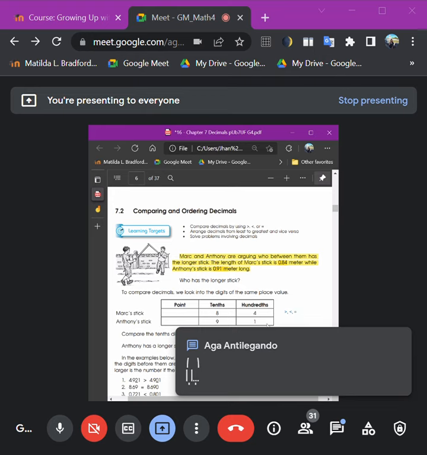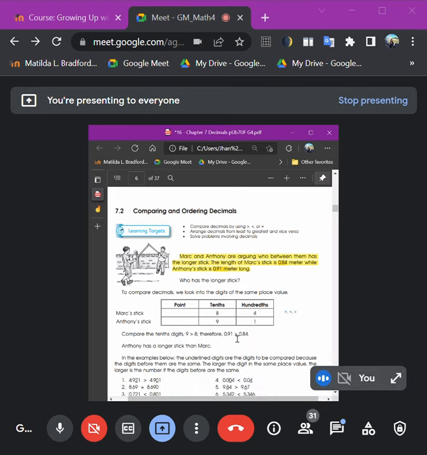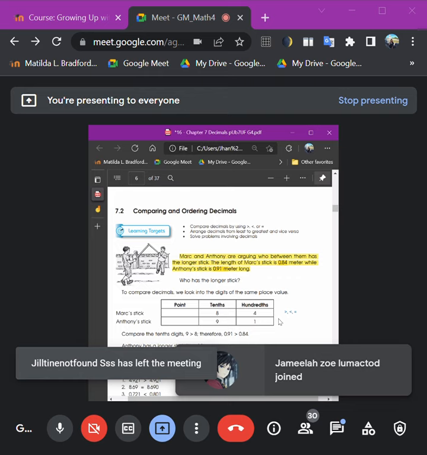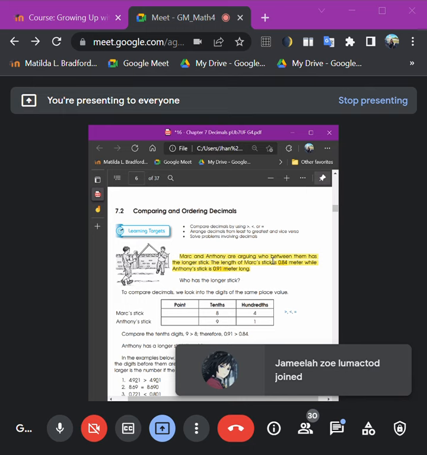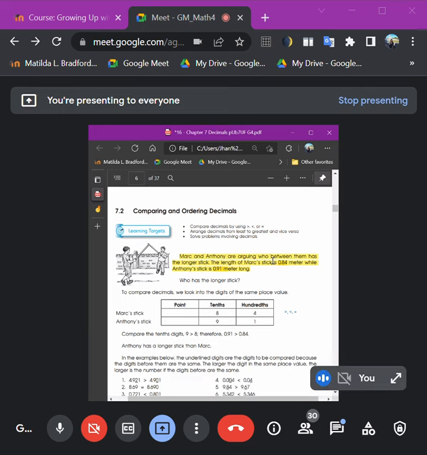If you're going to read that, that is greater than. You can also use your right arm for greater than. But if you're going to use your left arm, that is less than.